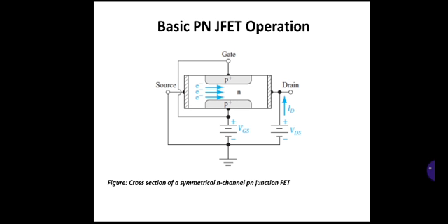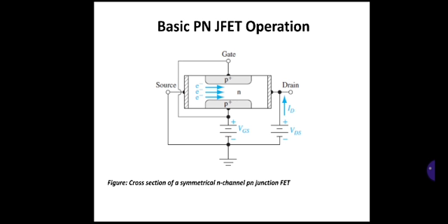This is an N type channel. If it were a P channel, then holes would flow from the source to drain in the same direction as the current flow, and the gate regions would be N plus. The two gate terminals shown in this figure are tied together.